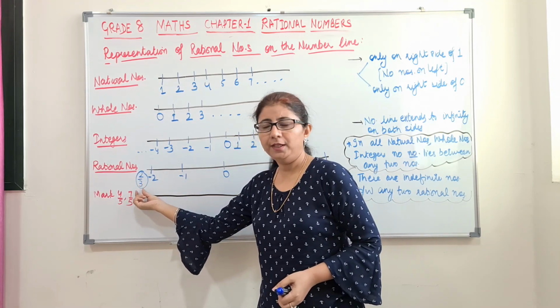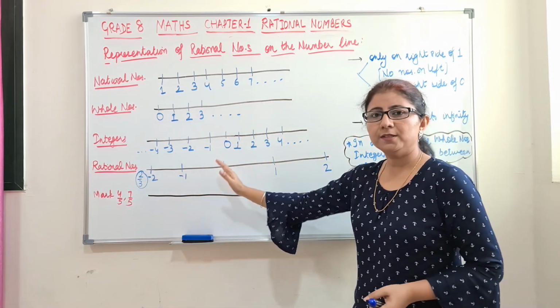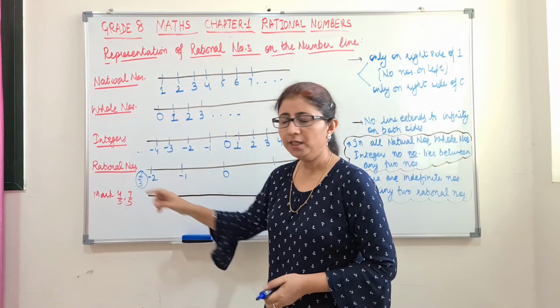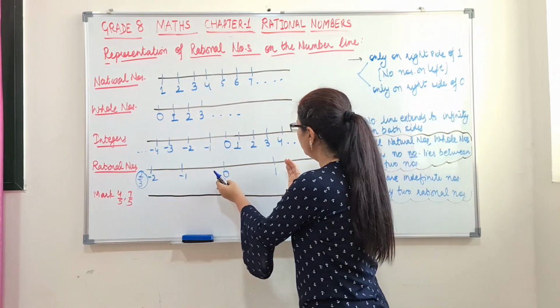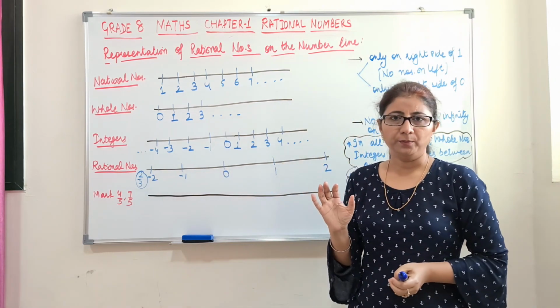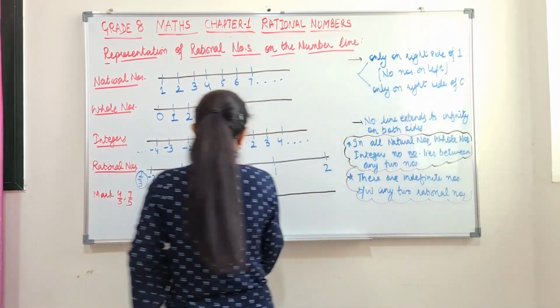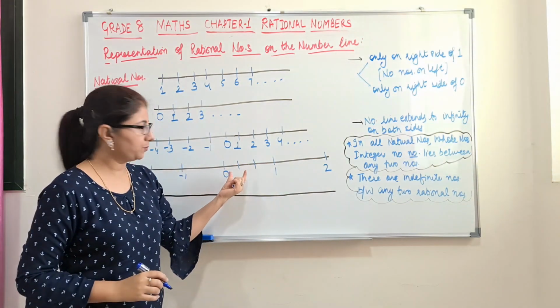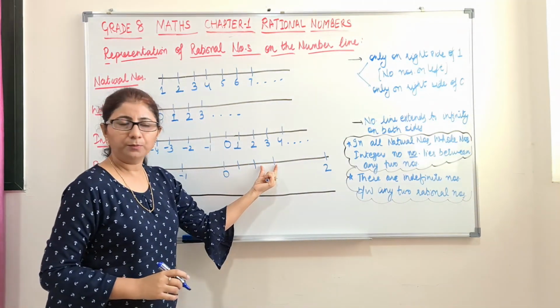Whatever is the denominator, we will split this spacing into those many equal parts. See, here it is 3. We will divide 0 and 1 into 3 equal parts. So this is my first part, second part, third part.